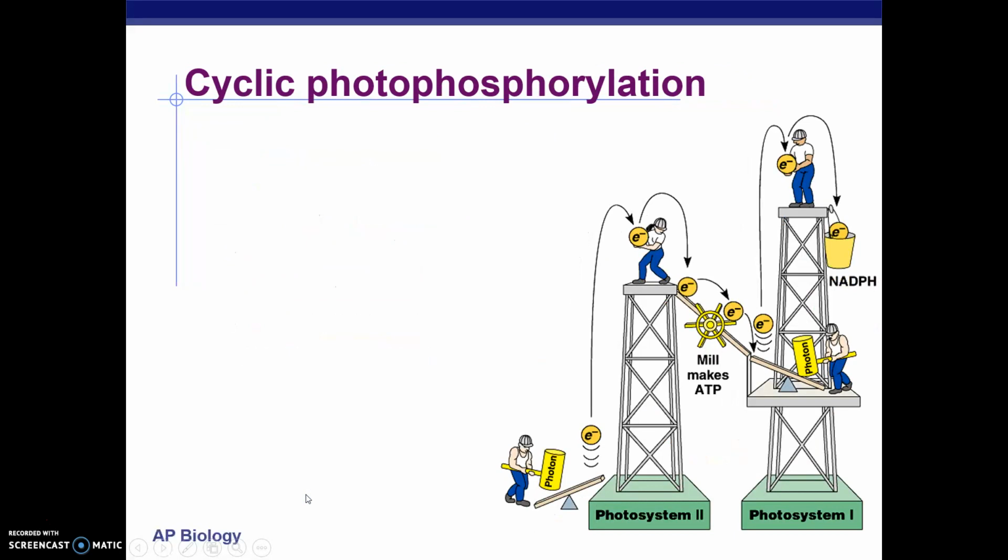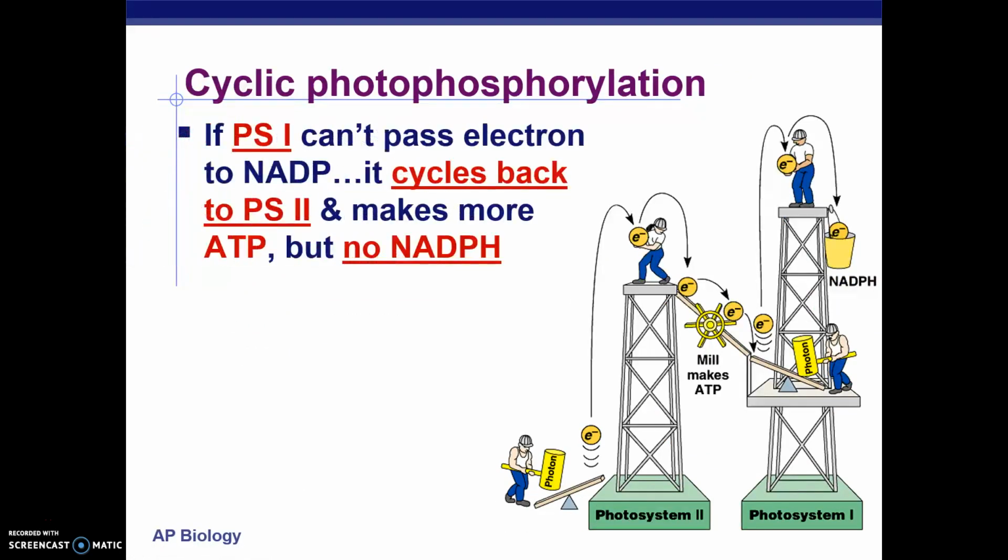Cyclic photophosphorylation, on the other hand, is when the electron from photosystem 1, instead of ending up in NADPH, goes back to photosystem 2 and makes more ATP as a result.